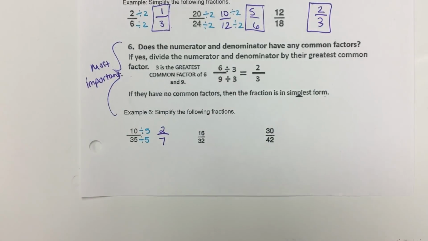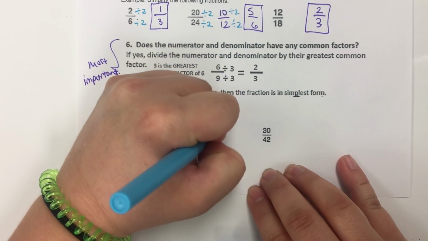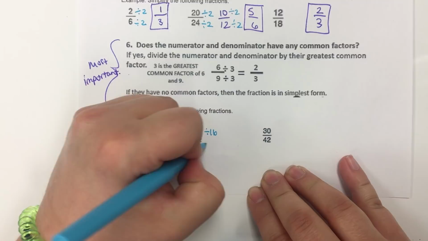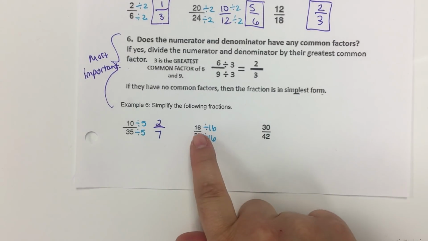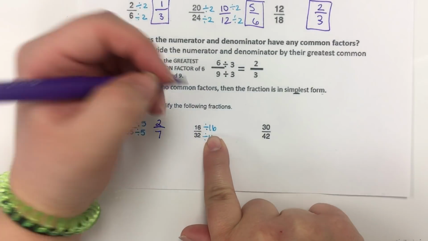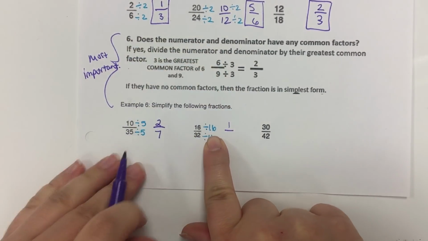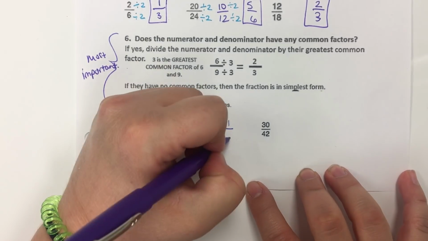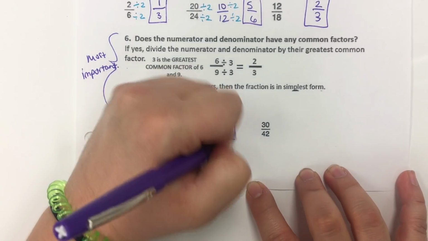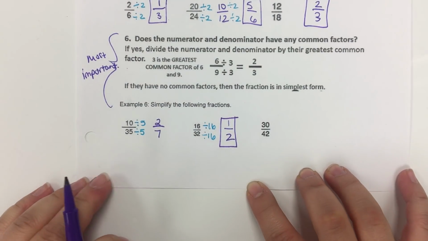So let's go ahead and do that. I can take the numerator and divide it by 16, and the denominator and divide it by 16. Well, 16 divided by 16 leaves me with a numerator of 1. 32 divided by 16 leaves me with a denominator of 2. So I'm left with the fraction 1/2.